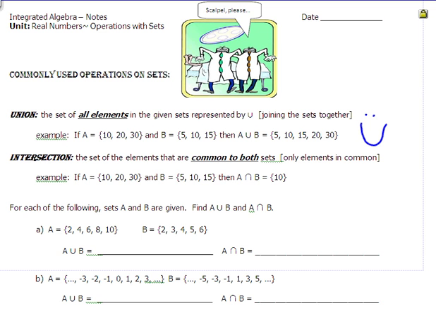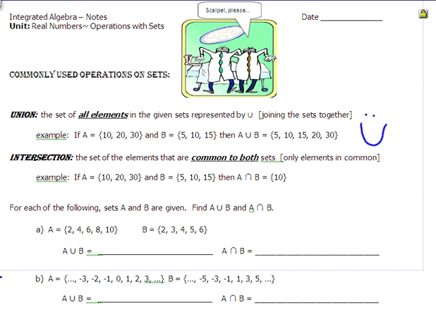And it's happy because he kind of lets anybody in his club. Okay, if you're part of A or you're part of B, you can join my club, A union B. So you will notice that we only list the members once. We don't list them more than once, and we do list them in order if possible. Elements of either set can join this set of a union.